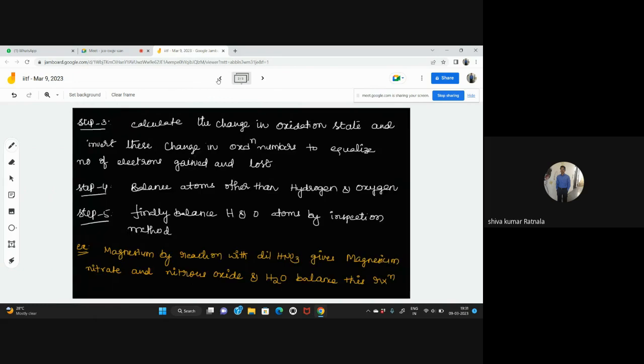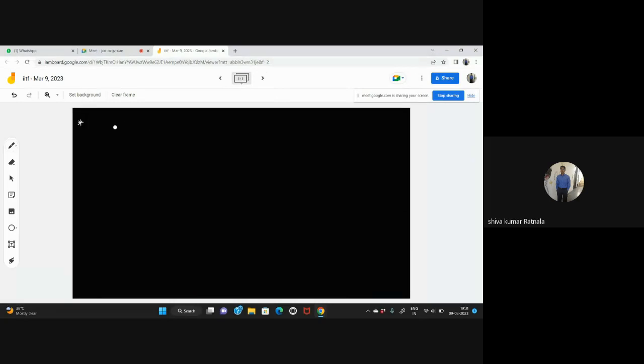What do we need to do? Magnesium and dilute HNO3. First, we need to write the skeletal equation. Magnesium, when it reacts with HNO3 nitric acid, gives magnesium nitrate.